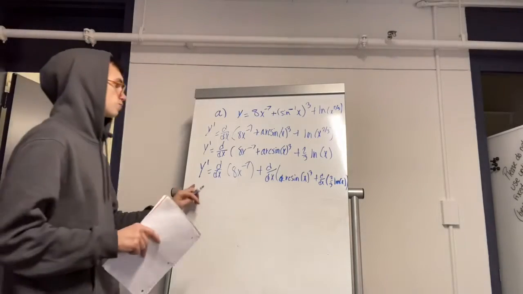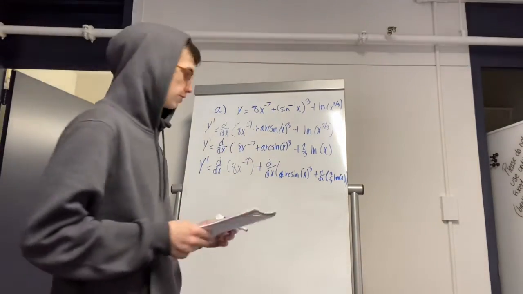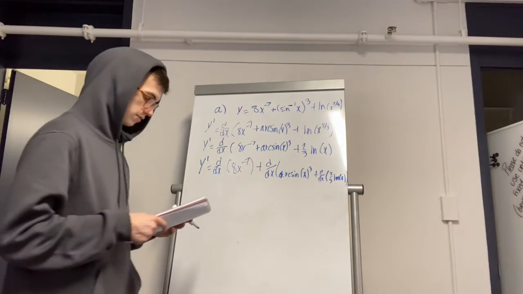Alright, so here we're just splitting it up. Instead of having it all as one, we're going to break it up. From here, we are just going to calculate our derivative.